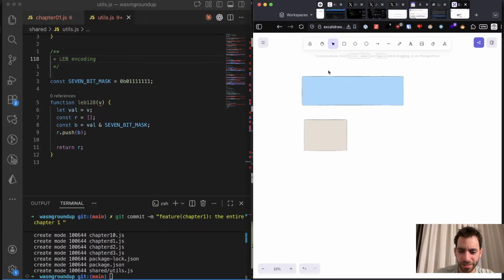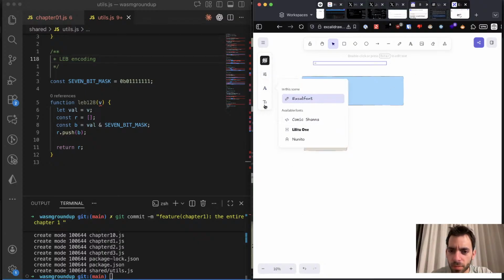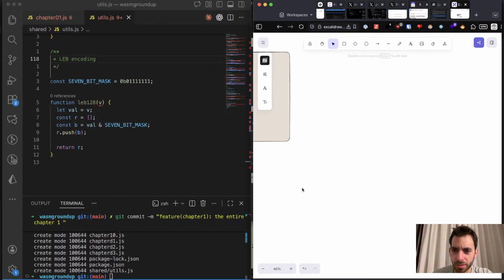So how LEB works, let's zoom this in because I don't care about the canvas size.